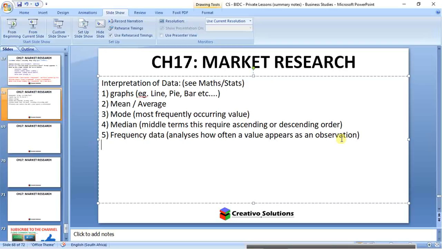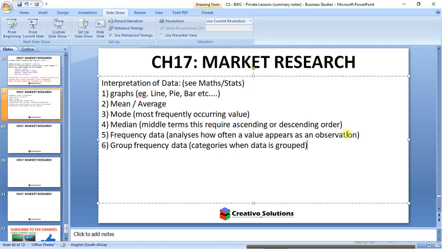Grouped frequency data is another one described here. Grouped frequency data is where you have a range where you're looking at, for example, categories. The textbook gave you ages, so 12 to 18, 19 to 26, and so on. That's used to analyze data. That's frequency.